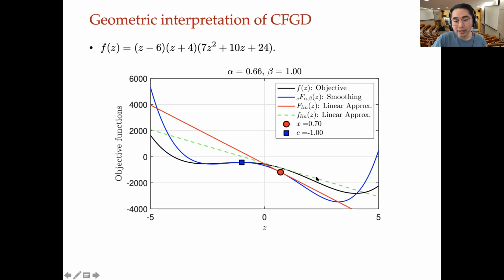The green line indicates the linear approximation of the original objective function, and the red line is the linear approximation of the smoothed objective function. The red line indicates the fractional Caputo derivative direction that I just showed you. And c is the reference point, which is the integral terminal.